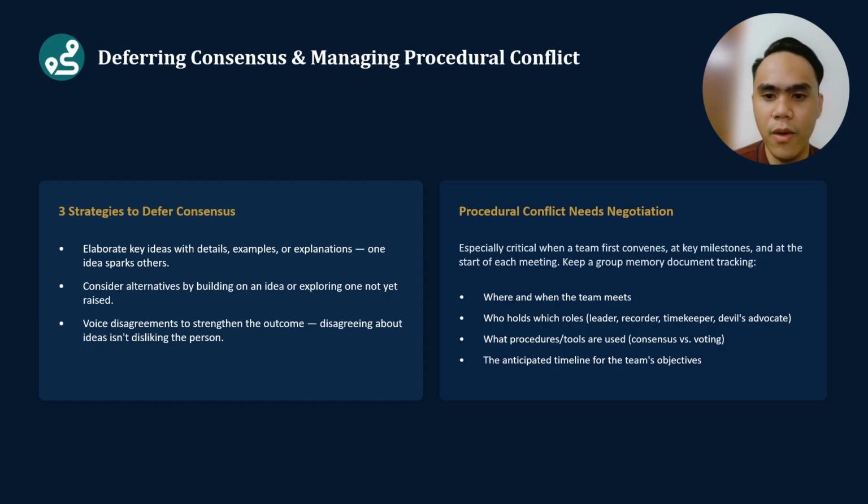Now, the procedural conflict, which requires negotiation, especially at three specific moments: when a team is first convened, at a specific milestone on the way to a goal, and at the very start of each project. Procedural conflict is about how the group runs.